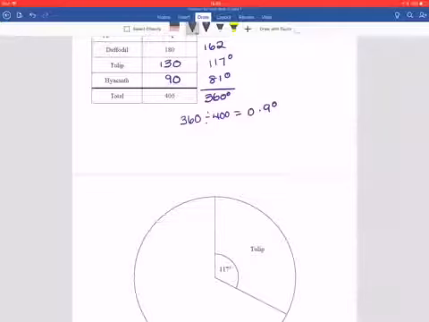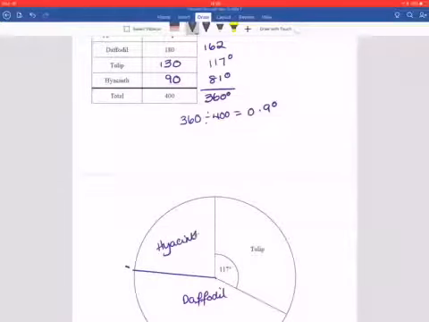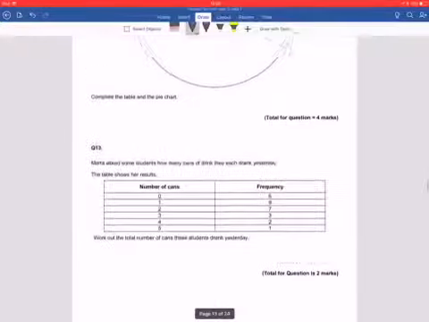Oops, somewhere. 162 is going to be about here, and hopefully that will all work out. Right, so daffodils and hyacinth. So look. Right, very last one.